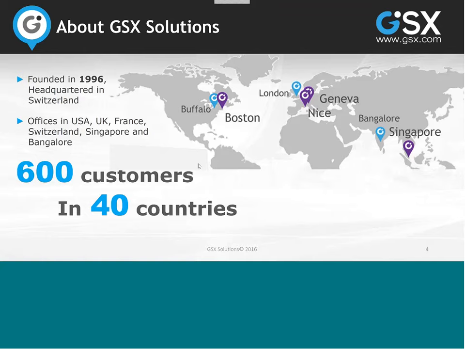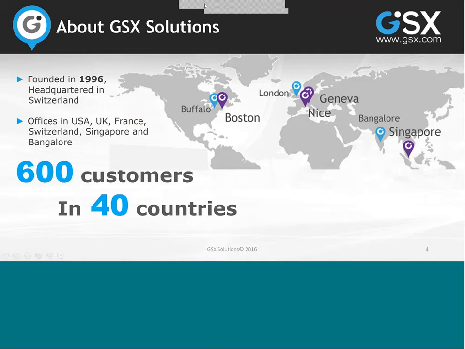We have offices in Boston, we have offices in Buffalo, so that's our 2 offices in the US. The headquarters is in Geneva, in Switzerland. We have offices in London, development in Nice, and development as well in Bangalore, and we have also sales and tech sales as well in Singapore and India. So we have 600 customers, 40 countries, and again 20 years of experience monitoring all the IBM applications.